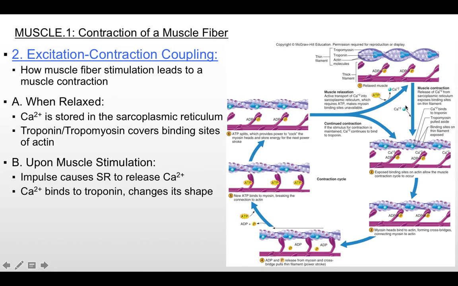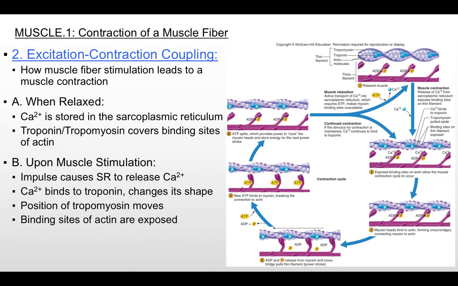And what I'm saying there is once that calcium gets released, it's going to find that little molecule of troponin, and when it binds to it, it's going to cause tropomyosin to move. That binding causes a little molecular rearrangement that forces the TT complex off of actin. Now that TT has bonded to calcium and has moved, that leaves its binding sites open and ready for myosin to bind.